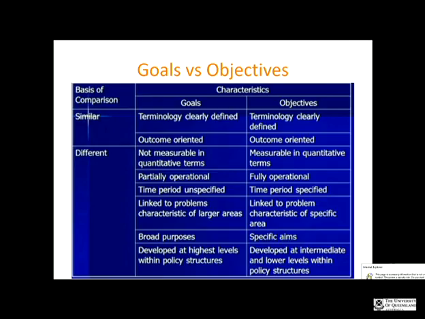Again, in this slide I'm saying that the time period is unspecified. It's at least sort of 5+ years. Whereas with an objective, you want to know by when you are trying to achieve that. Down here, broad purposes, specific aims.